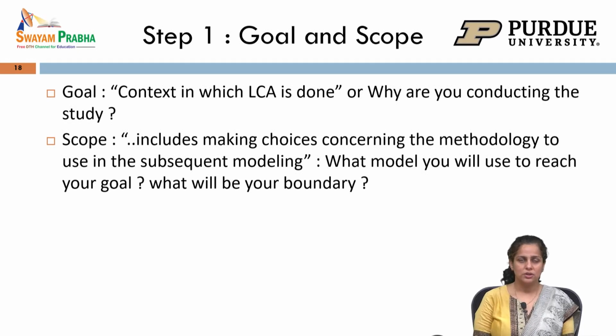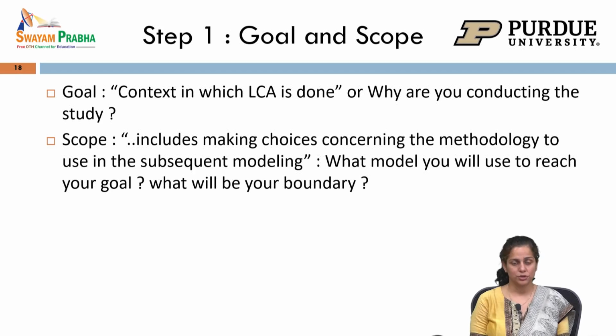First, goal. The goal of your LCA is mainly the context in which LCA is done, or why you are conducting the study. If you have taken any modeling course before, you would have seen that when you develop a model, stating the goal for your model is very important. Are you going to use the model for prediction? Are you going to use the model for assessment, or are you going to use the model for control?